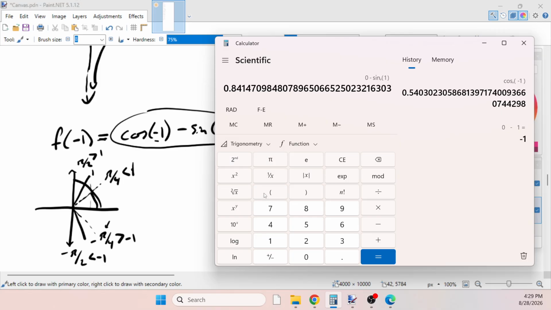So sine of negative 1 will be... didn't quite type it in correctly, did I? Okay, sine of positive 1. Sine is an odd function, so sine of negative 1 is just the negative of this. I have cosine, which is 0.54. I have minus sine, which is going to be minus negative that, so that's going to be plus 0.84.